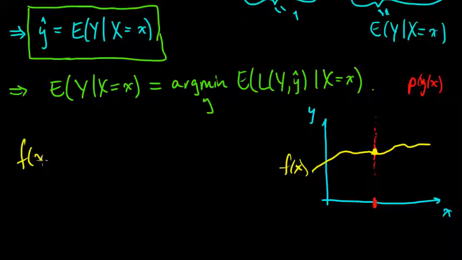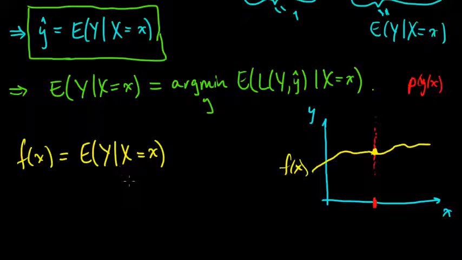So we immediately have that the solution to the minimization problem for the square loss for regression is to take f of x equal to the conditional expectation of y given that x equals x. Beautiful result.